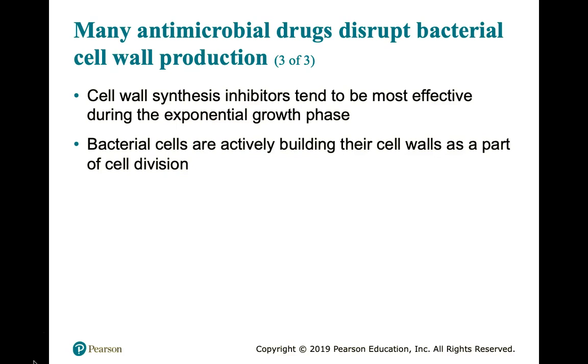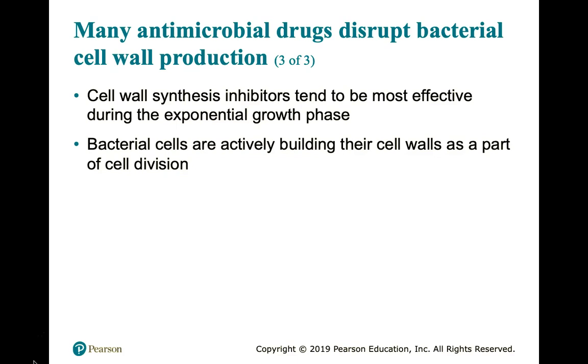Penicillin inhibits cell wall structure. Basically, it prevents the synthesis of the peptidoglycan layer, which makes the cell wall weak, and the cell wall will eventually rupture and lyse. Again, it's more effective when the cells are undergoing binary fission, when they're growing and trying to create a new cell wall.